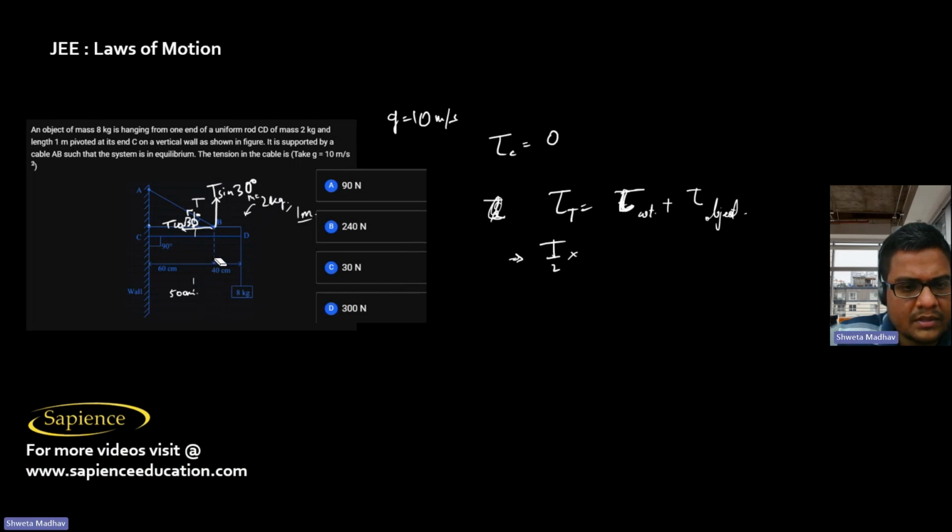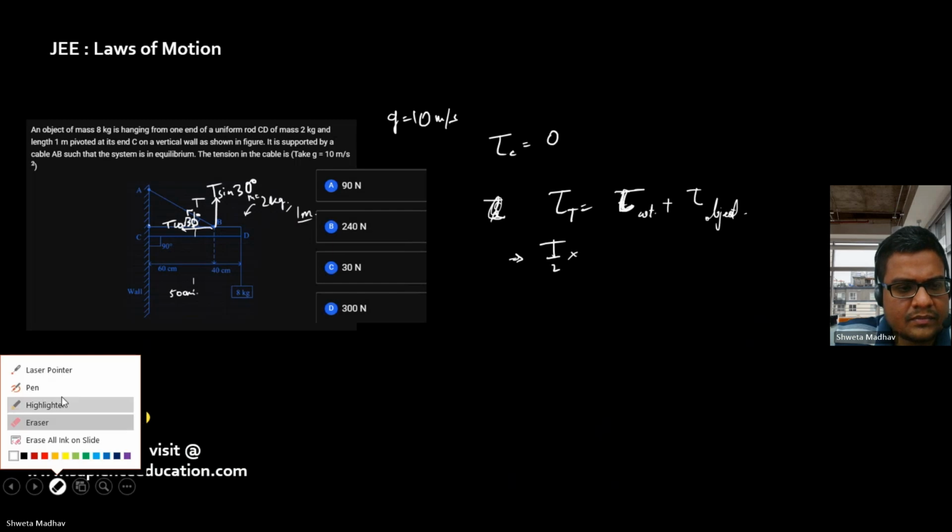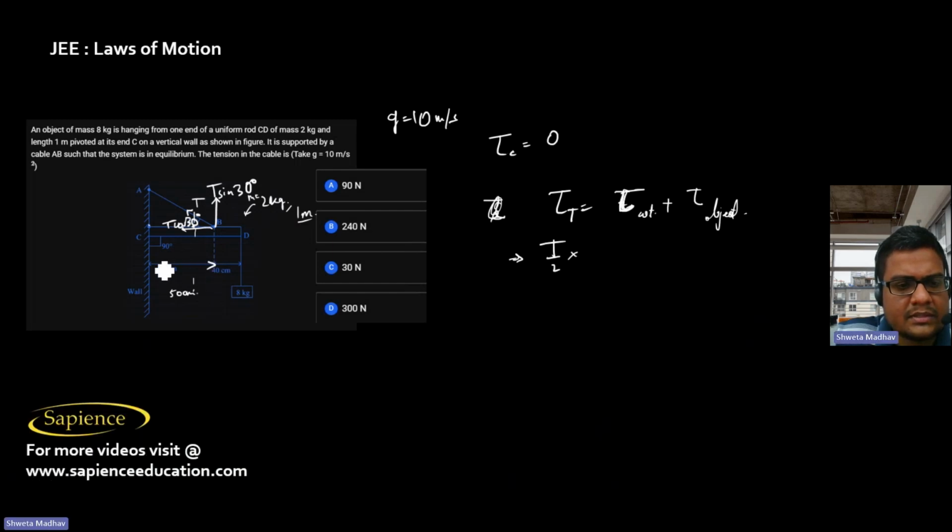Here it is saying this length is 60 centimeter. So it means the length of the rod is not 1 meter, it is 60 centimeter plus 40 centimeter. So the point B is at 60 centimeter, and from point B to D, this length is 40 centimeter.